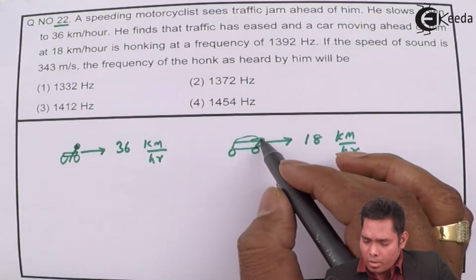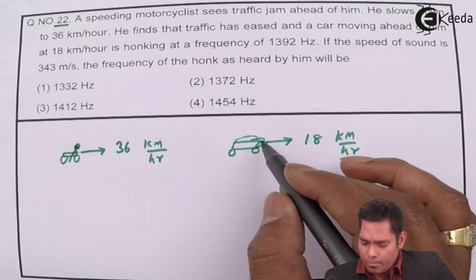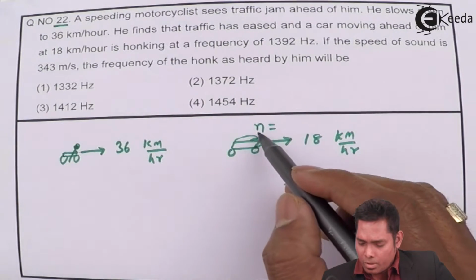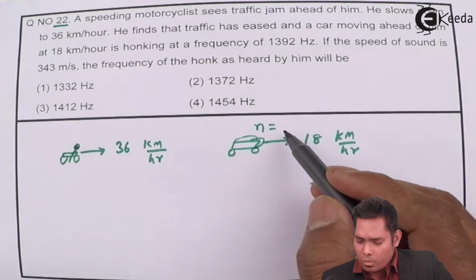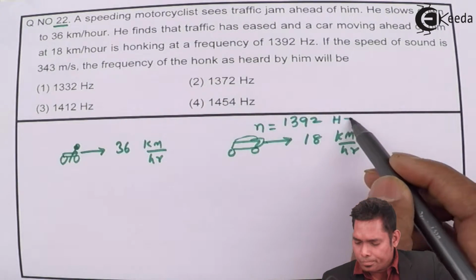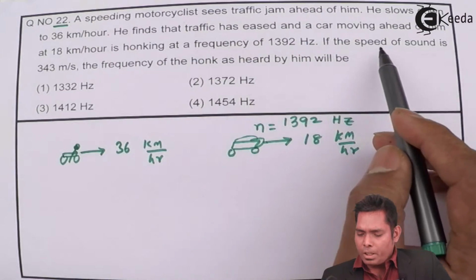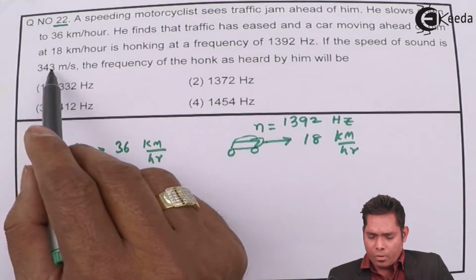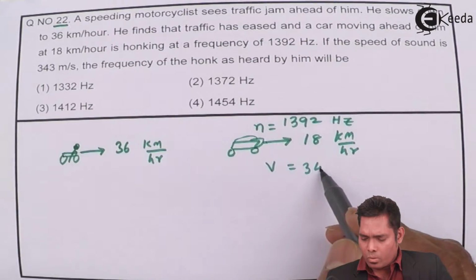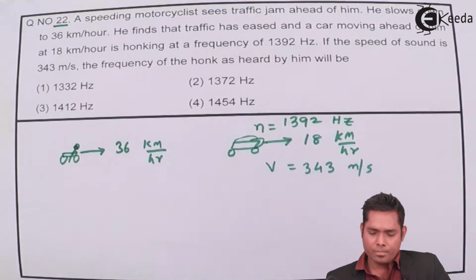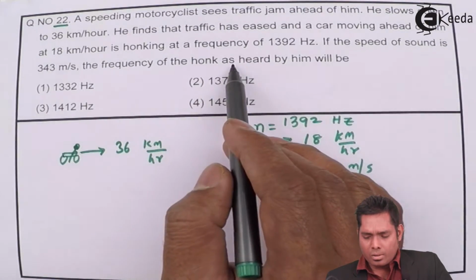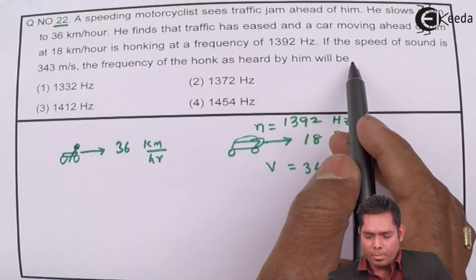So the horn is the source of sound, and the actual frequency of the source is 1392 Hz. If the speed of sound is 343 meter per second, the frequency of the honk as heard by him will be.